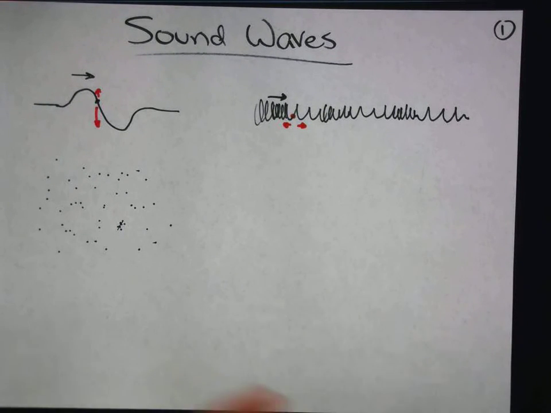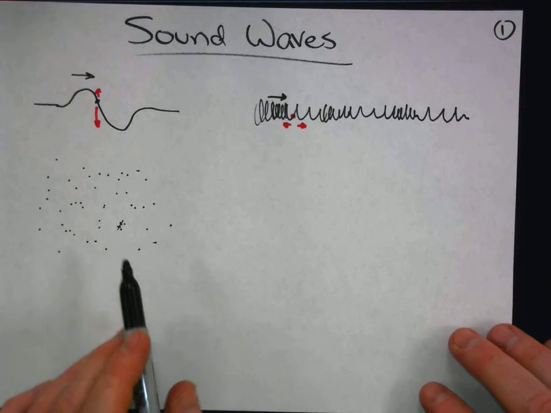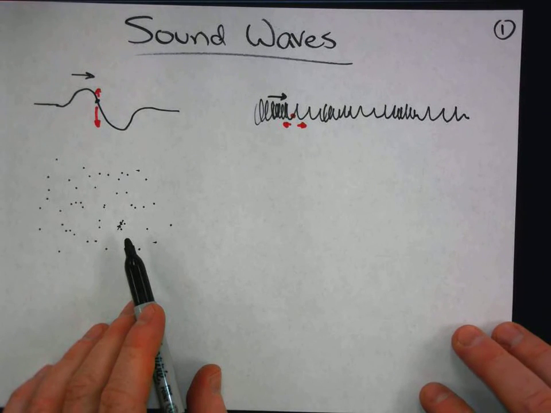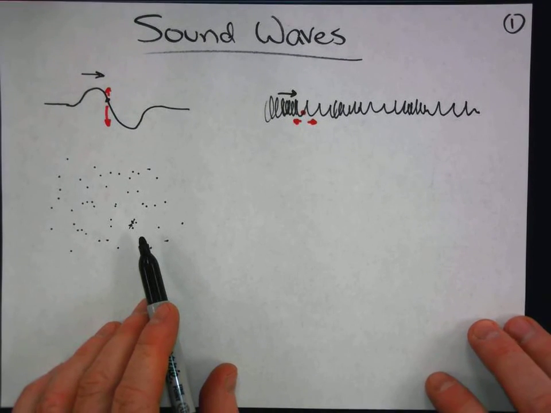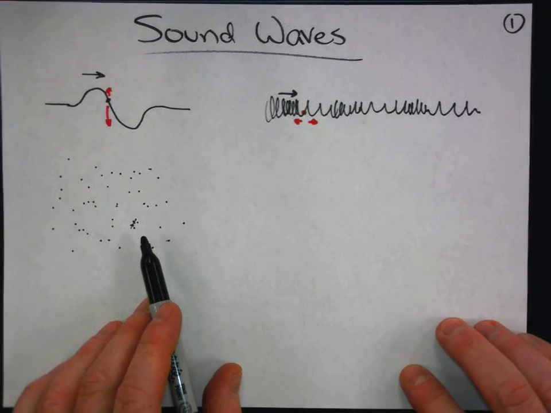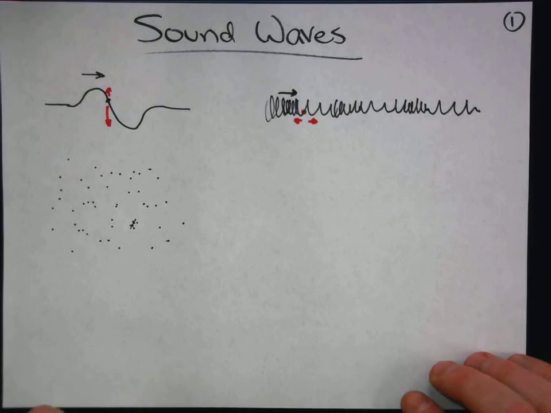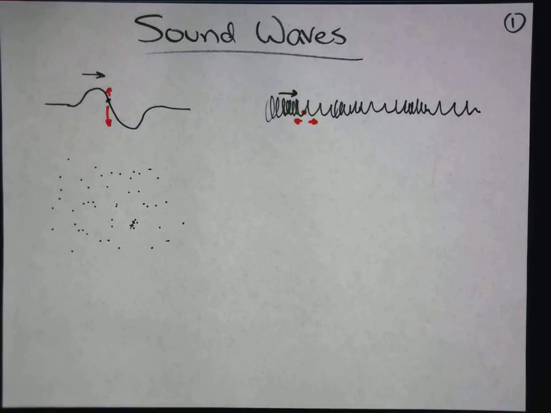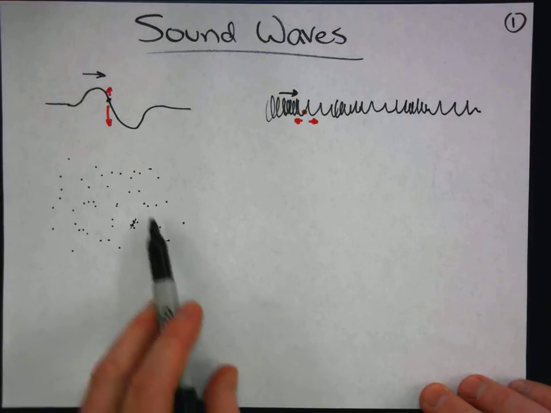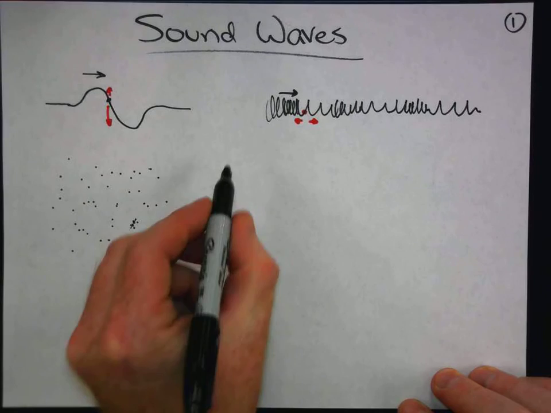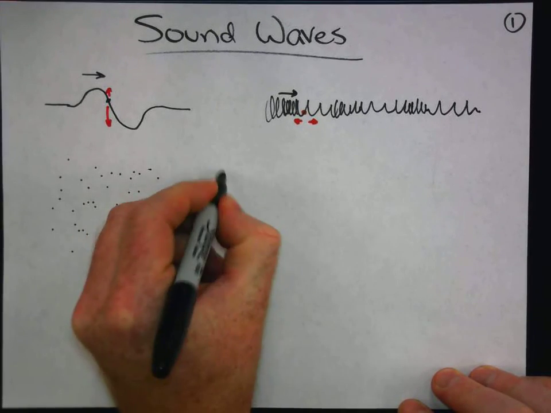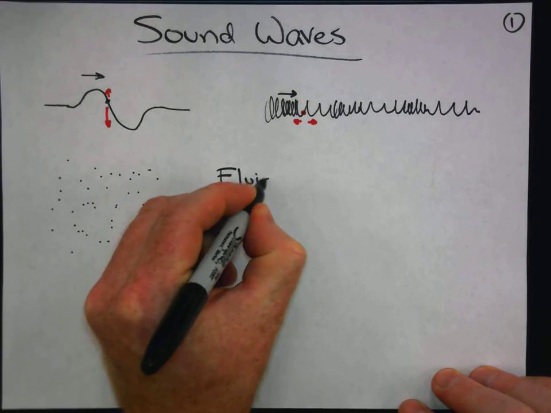They can and do bump into each other, but they cannot pull on each other. Right? The molecules don't have any way to attach to each other, and they're not coupled together. That's a good way of looking at this. Because they're not coupled together, it's only longitudinal waves that can pass through something like a fluid.